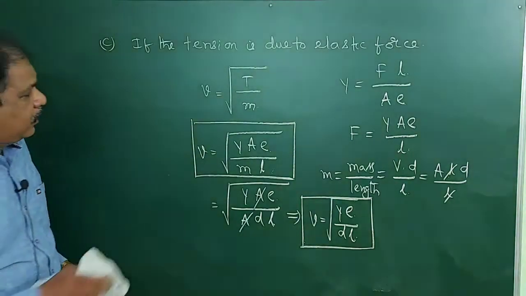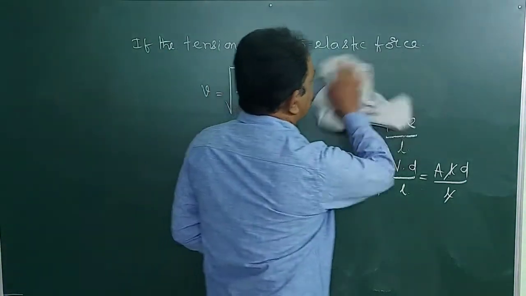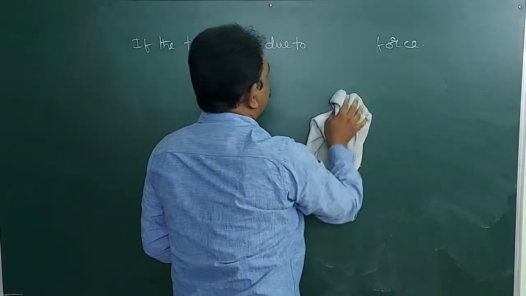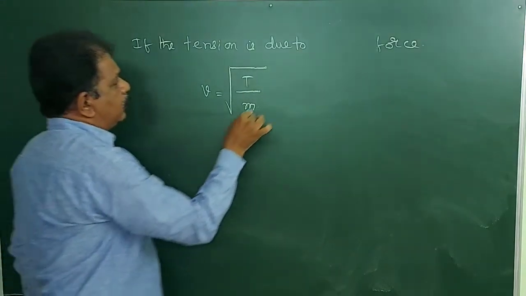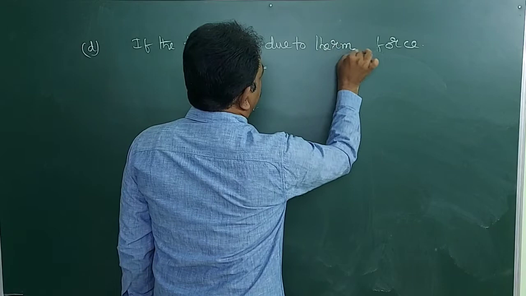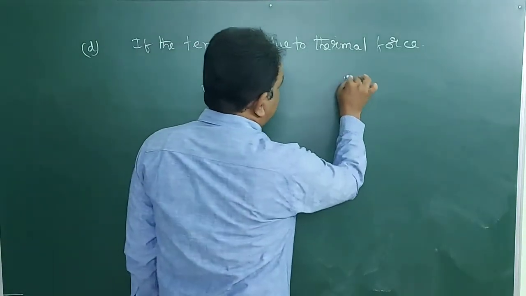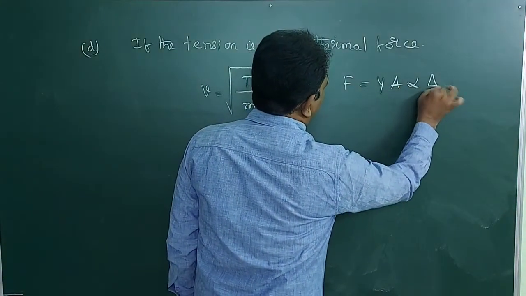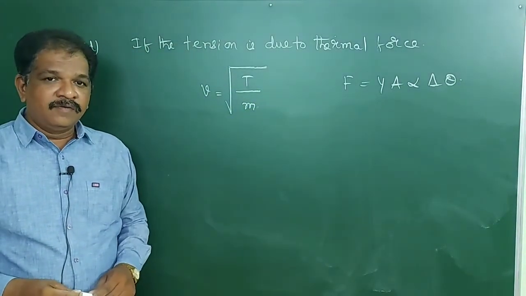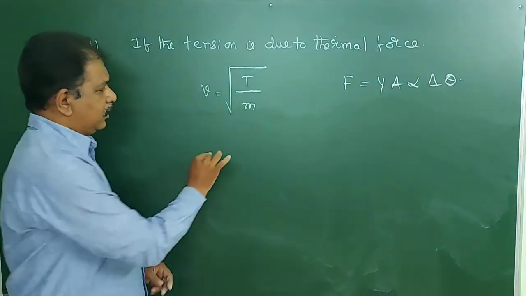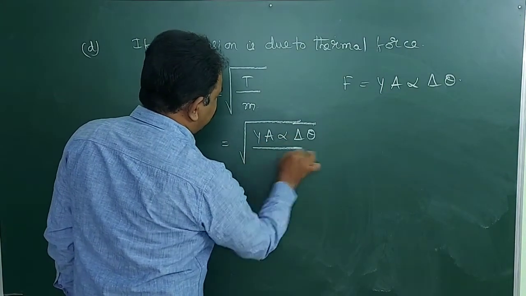If the tension arises due to thermal force, what is the formula? V is equal to root of T by m. Here the thermal force is YA alpha delta theta, from the thermal expansion formula. So this is YA alpha delta theta by m.